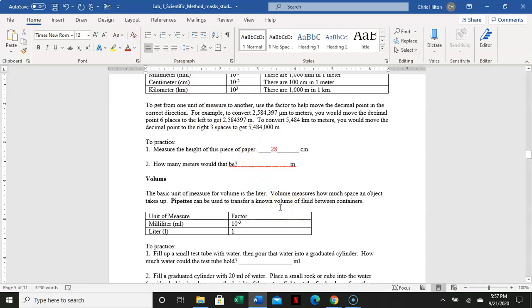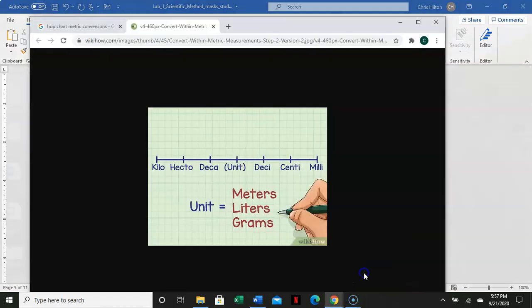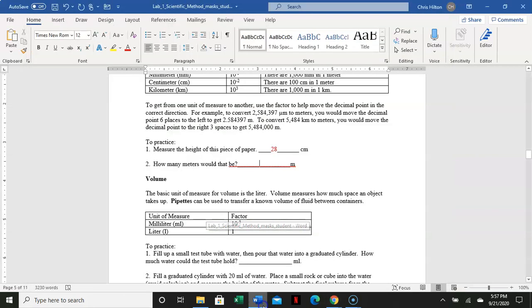And then we want to convert that to meters. So we'll go to our hop chart. We're starting at centimeters, and we want to go to meters, which is our 0 spot. So we're going to move 2 spots to the left. We move to the left, so we're going to do the same thing with our decimal spot.